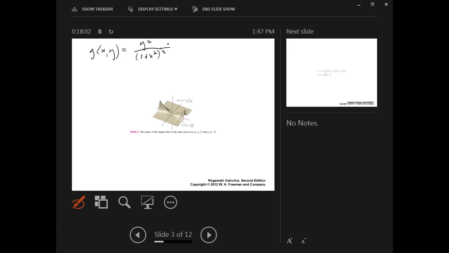And it said to calculate g sub x at 1, 3. My question for you now is, do you plug in the values then take the partial, or do you take the partial then plug in the values?